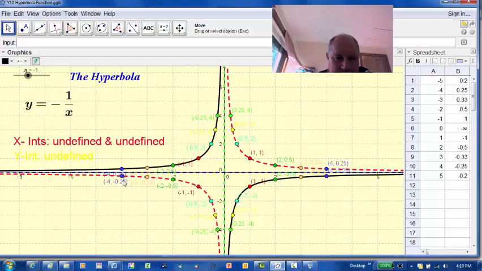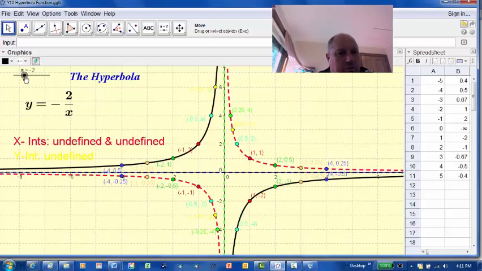The negative x values, which produce the dotted red line for the graph 1 on x, when flipped, we can see the y value now becomes positive. So negative 1 becomes positive 1, negative 2 becomes positive 2 for the same x value, because we'd be dividing negative 1 by a negative number, which makes a positive answer. What happens if we make a negative 2?